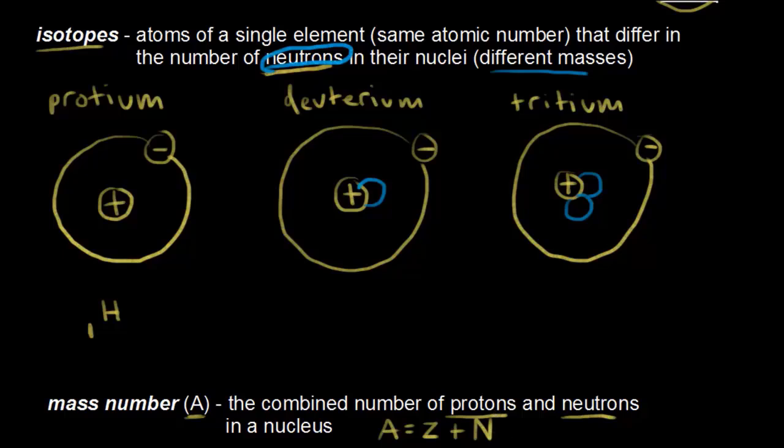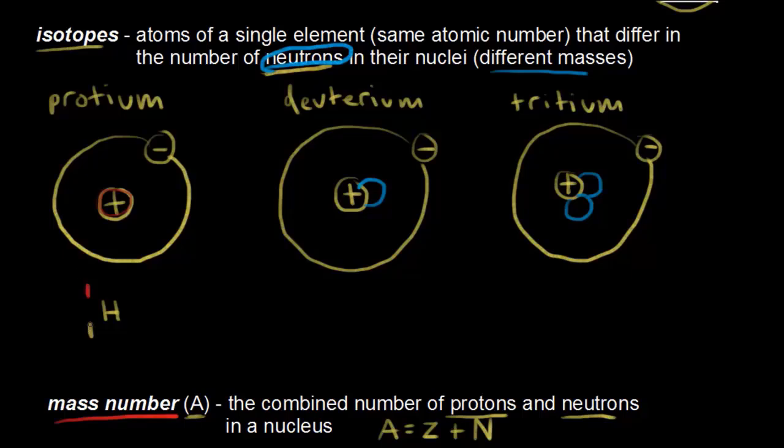And for protium, let's look at protium here. In the nucleus, there's only 1 proton and 0 neutrons. So 1 plus 0 gives us a mass number of 1. And I'll use red here for mass number so we can distinguish. All right, so mass number is red, and let me use a different color here for the atomic number.